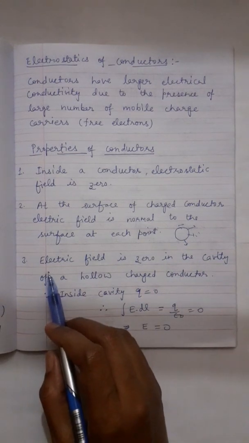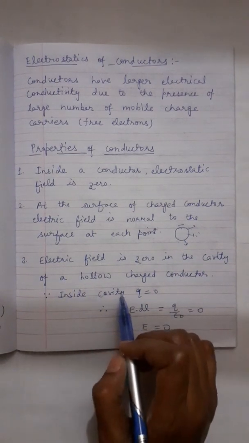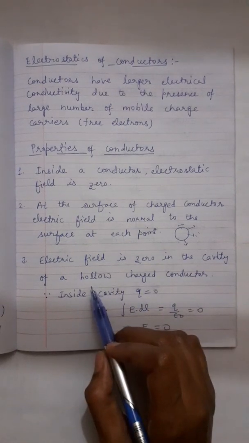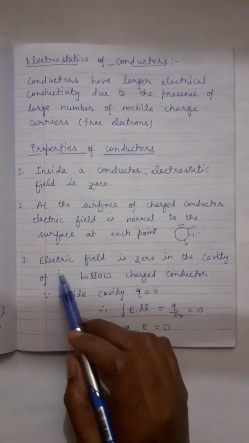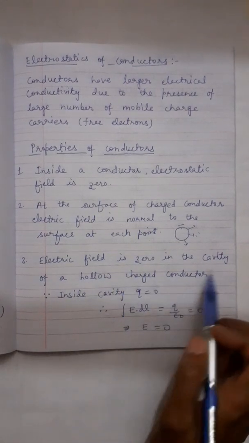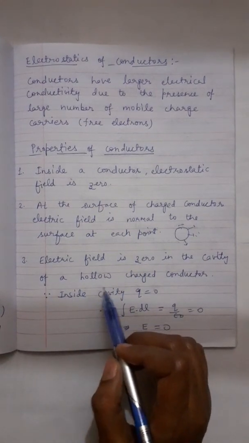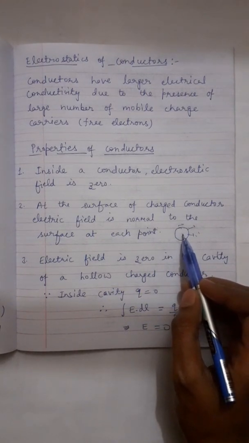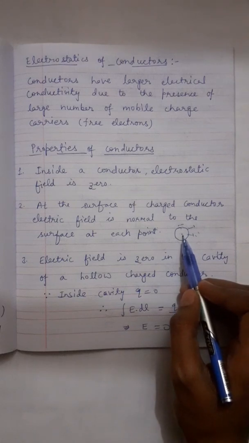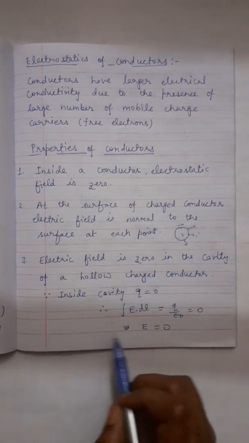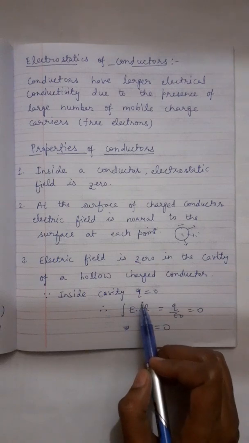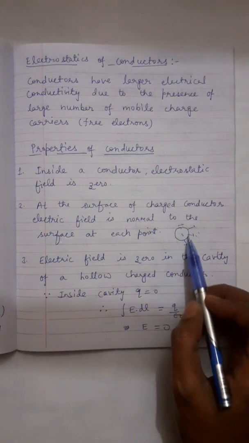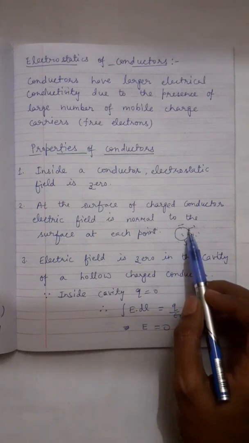Now if the conductor is in the form of a hollow conductor, then for a hollow charged conductor the electric field is again zero in the cavity of it. So if the conductor is hollow, then inside this cavity the electric field is zero, because inside the cavity there will be no charges, because all the charges given will be on its surface.